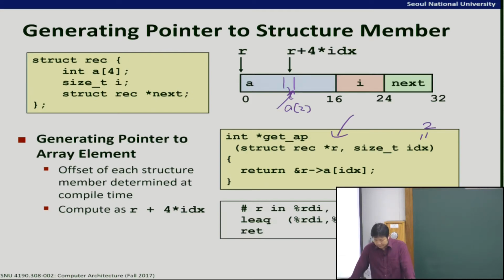You can calculate the pointer to this specific element within the integer array as r plus 4 times index, if r is the base pointer, the beginning of the struct.